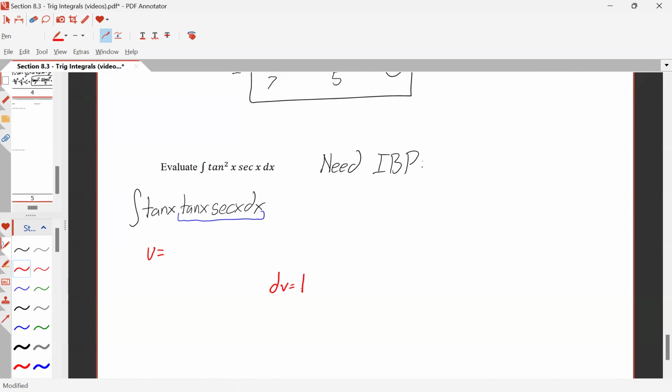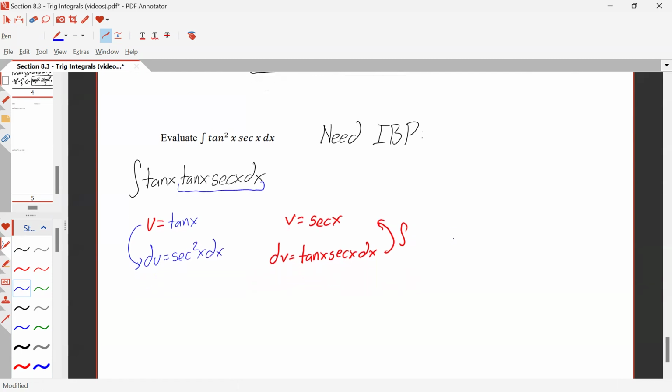And we know the integral of tangent x secant x is secant x. So we can easily set up that dv and v, making u everything else. U is going to be our tangent x, making du secant squared x dx.